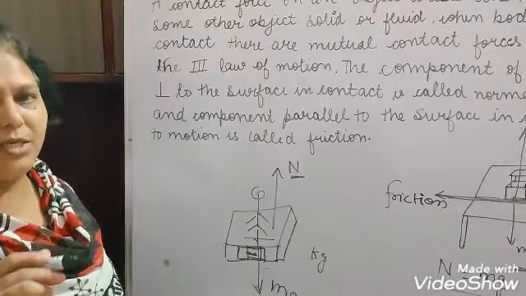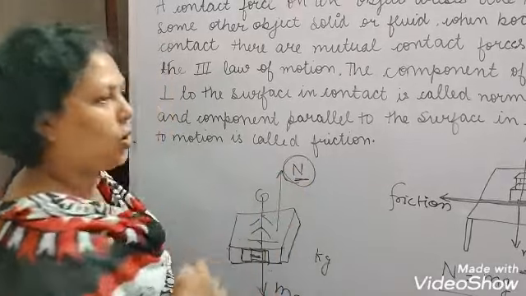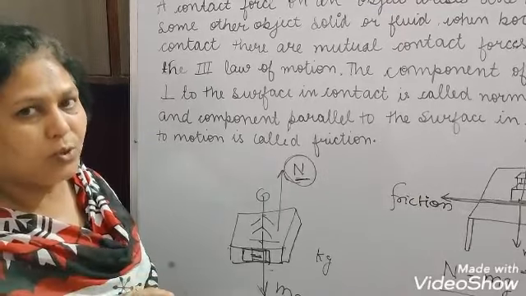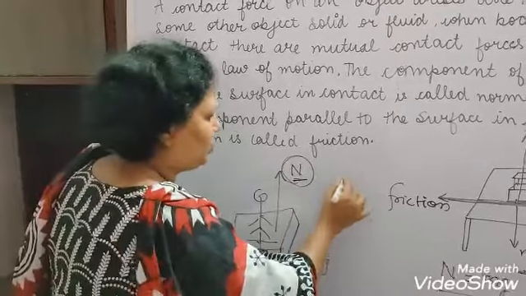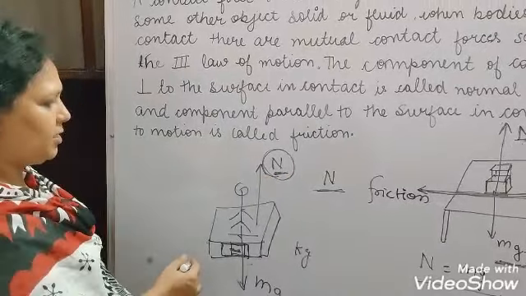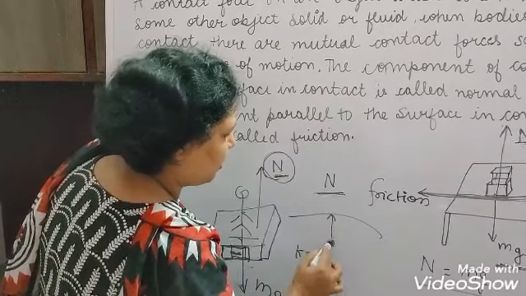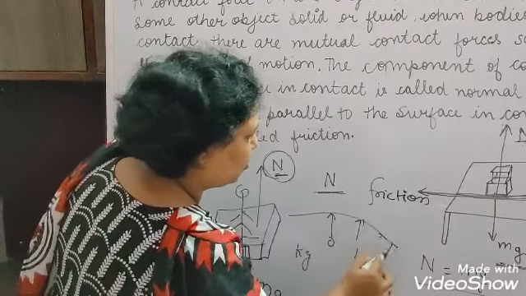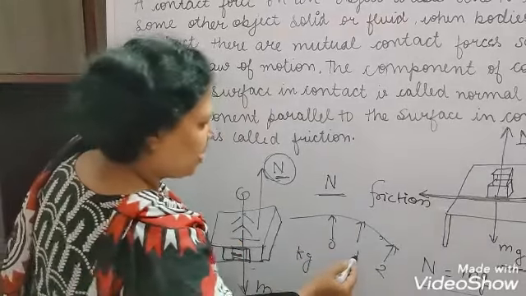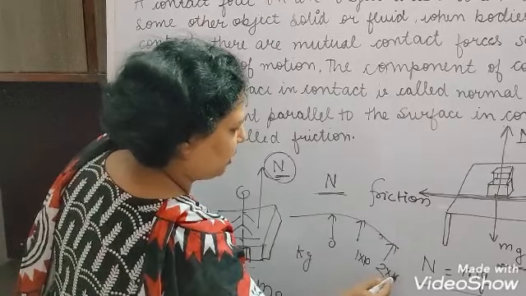That means the weighing machine is actually displaying the normal reaction. And as I told you, the normal reaction is also a force, so it must come in Newtons. But in the weighing machine, the graduations are written 0, then 1, then 2. Actually it is measuring 1 as the mass, which you multiply with 10, and 2 as the mass, multiplied with 10.